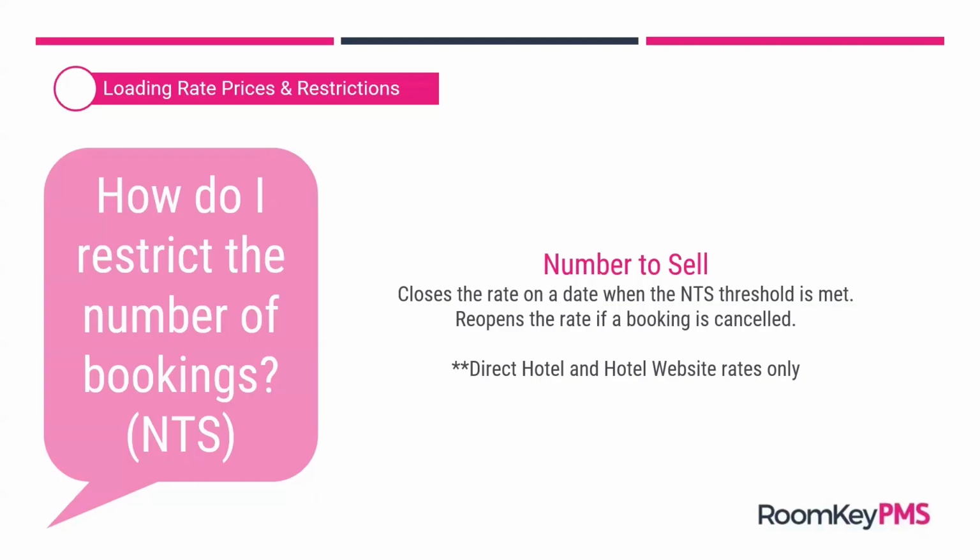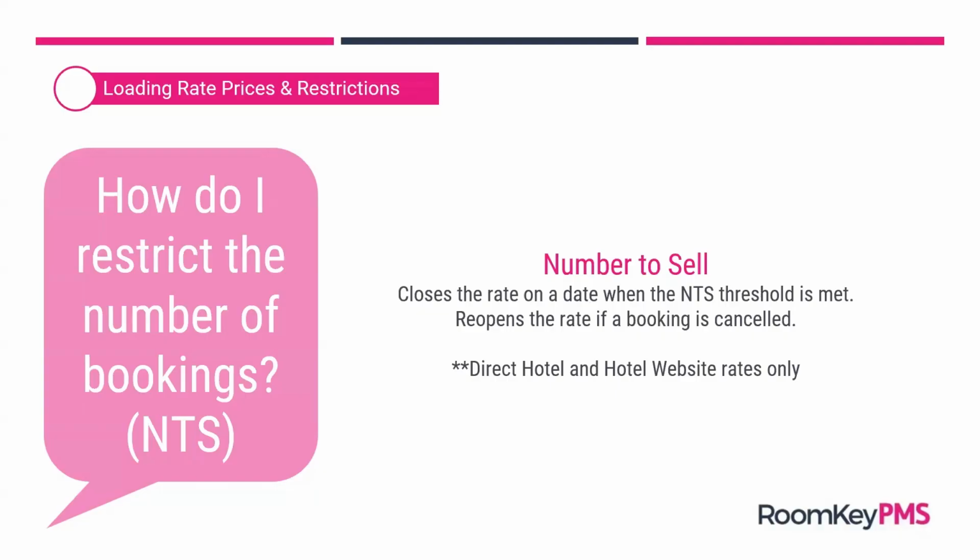When you set a number to sell threshold, let's say 5 as your NTS restriction, this means that once 5 bookings have been received or booked into Roomkey at that rate, it's actually going to close the rate plan. Now, if one of those bookings canceled, so it brings the total number of bookings down to 4, it's going to reopen the rate plan until you get another booking at that rate plan to reach the threshold of 5, and then it'll close it again.